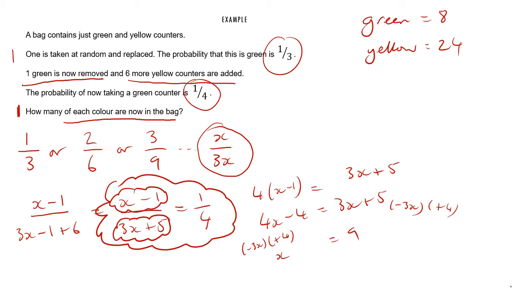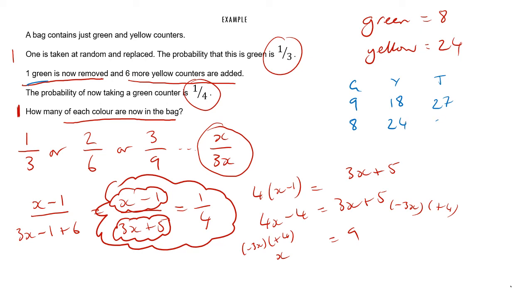So at the start, we're thinking that we had, if x is 9, we had 9 green, we had 27 in total, so that meant we had 18 yellow. So that's 1/3 of them were green. We then removed one green, so that left us 8. We added 6 more yellow, so that gave us 24.